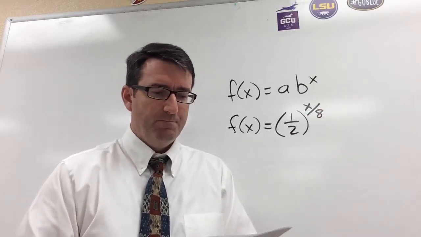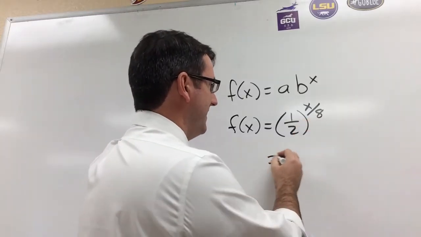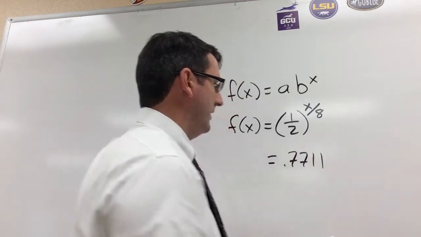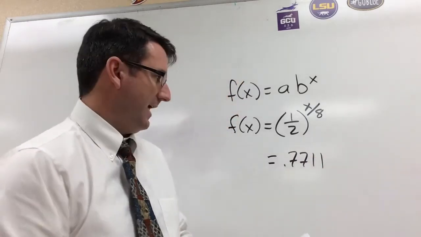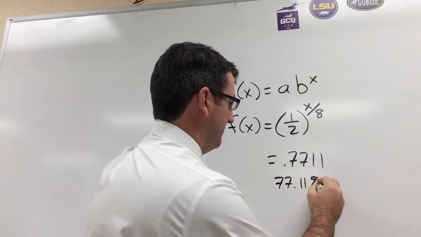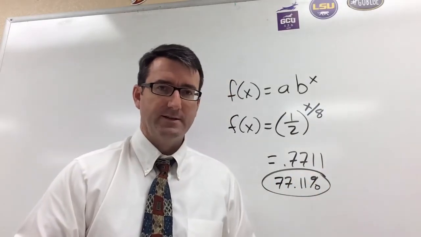All right, and so we've got this equation. All we have to do is plug that into the calculator, and we're going to get 0.7711. And so that as a percentage is 77.11%. And that's answer A for 26.